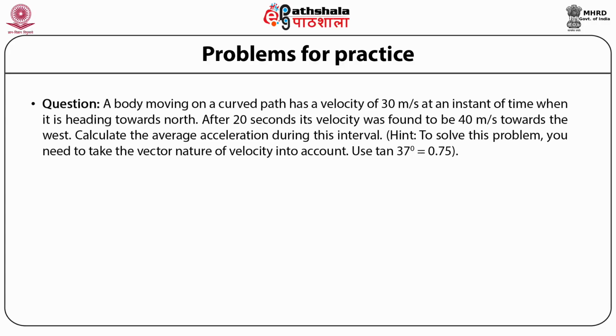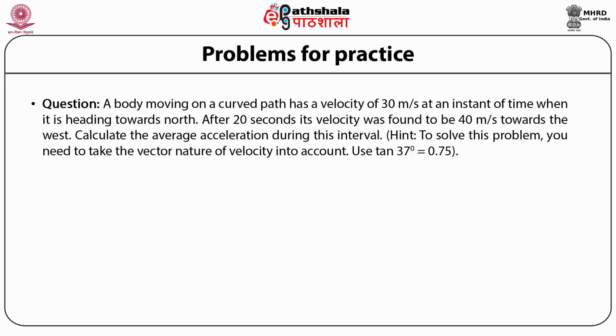In this problem, a body moving on a curved path has a velocity of 30 meter per second at an instant of time when it is heading towards north. After 20 seconds, its velocity was found to be 40 meter per second towards the west. So the question is, calculate the average acceleration during this interval.